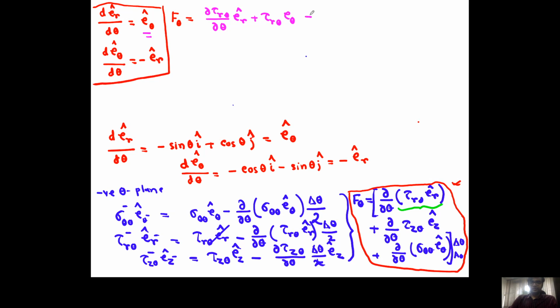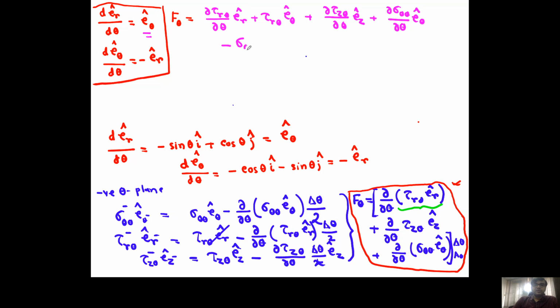Let us come to the second term. There is nothing, so let me just write it down: del tau z theta del theta, there is Ez. And now let us come to the last term, where we have a product rule. So first it will become del sigma theta theta del theta e theta cap, and then it will become minus, because del theta of e theta is minus er, so I'm taking the minus on the left hand side.